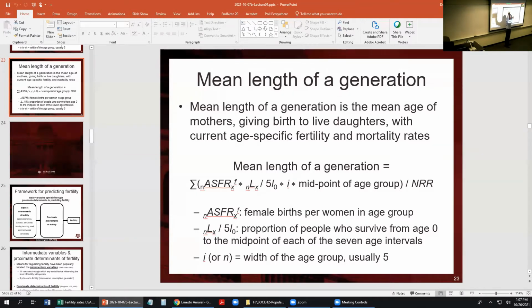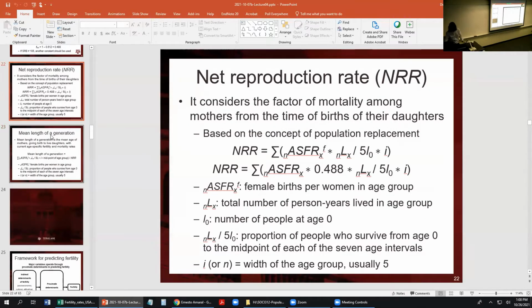For the first one there between 15 and 19 was 17.5, and divide by the net reproduction rate. So this is the mean length of a generation, the mean age of mothers giving birth to live daughters with the current age-specific fertility rates and age-specific mortality rates, right? The mortality rates, they were taken into account with the big LXN. So all these formulas that we saw here in the slides, they are shown on this spreadsheet, okay?